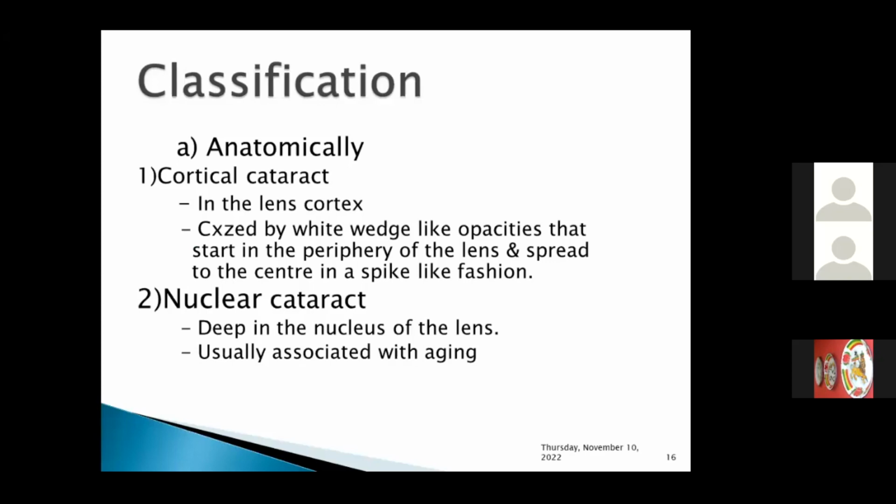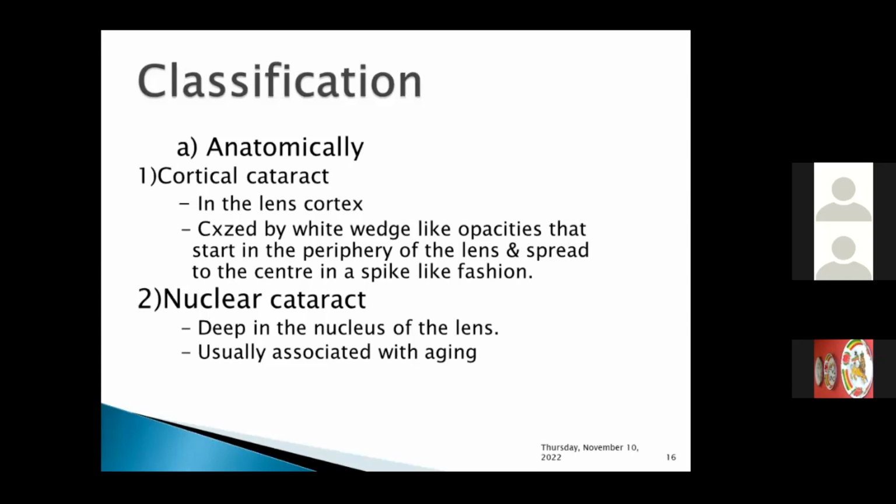The other is nuclear cataract, involving the nucleus of the lens, usually associated with aging. Cortical cataract looks spoke-like, like the spokes of a wheel. The other is subcapsular.